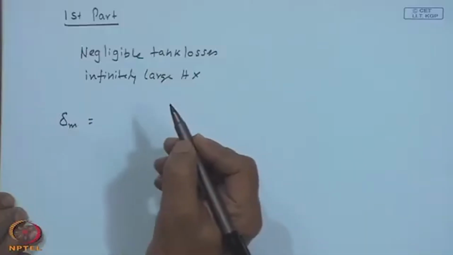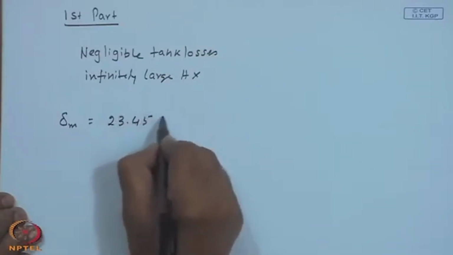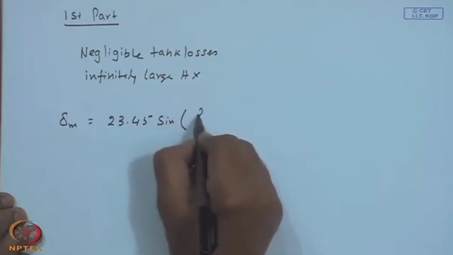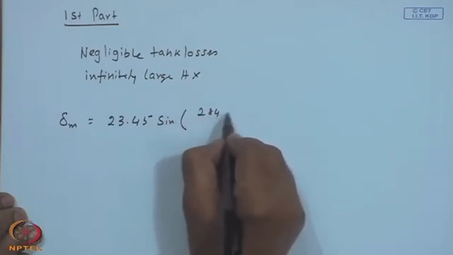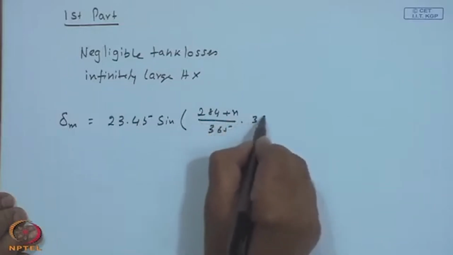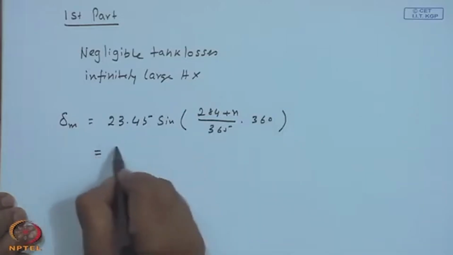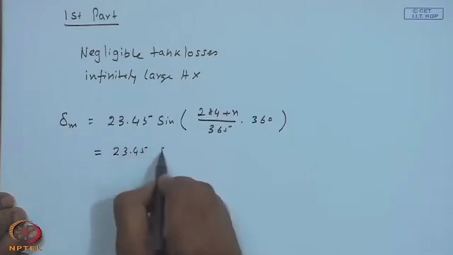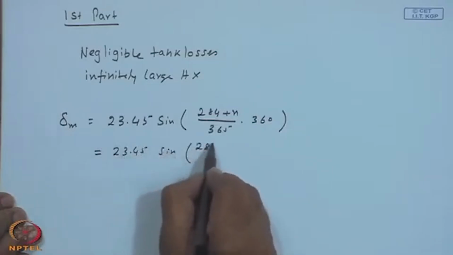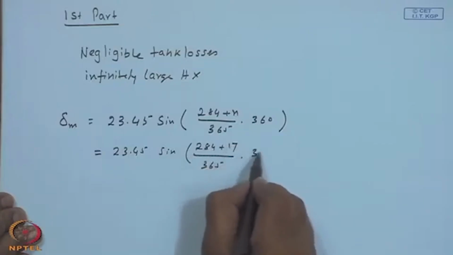So, first we need the mean declination. You can see this is almost one of the very first relations we have written: 23.45 times sine of 284 plus n by 365 into 360, that will be equal to 23.45 times sine of 284 plus 17 by 365 into 360.